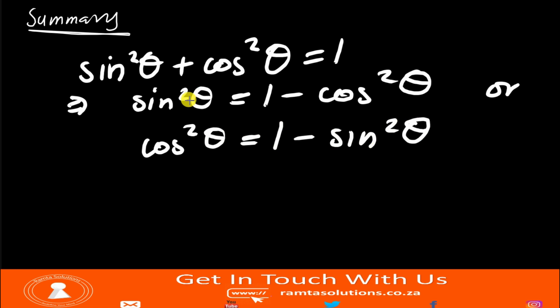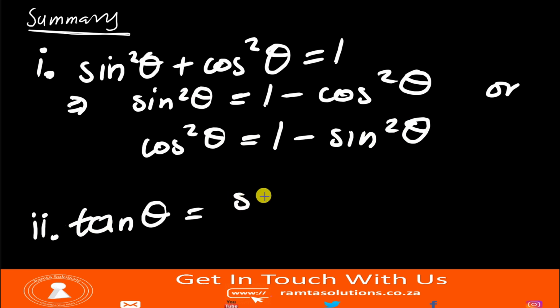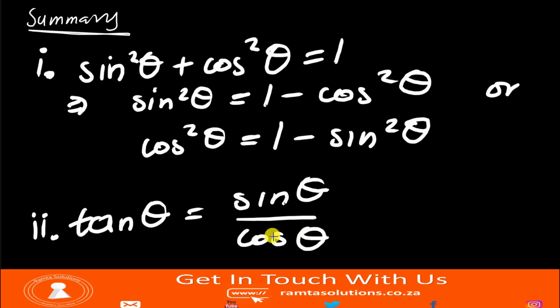This is the identity you need to know. Secondly, another identity was tan theta equals sine theta over cos theta. So these are the identities that we need to know for now in grade 11 and forever, of course.